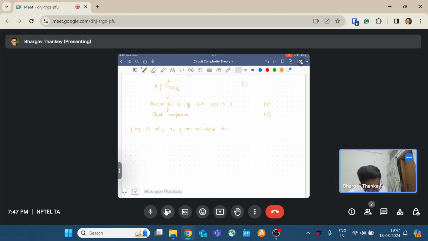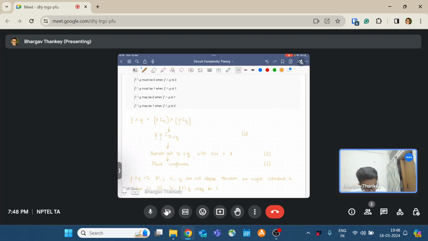However, when F and G is 0, F join G might be 1. This is true, and A and D are contradictory, so A is false.